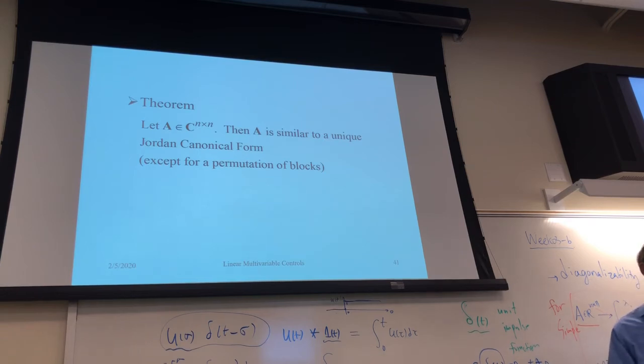In other words, for general A, it is always possible to make it block diagonal with J1 until Jp.